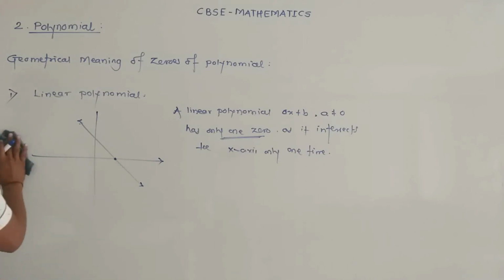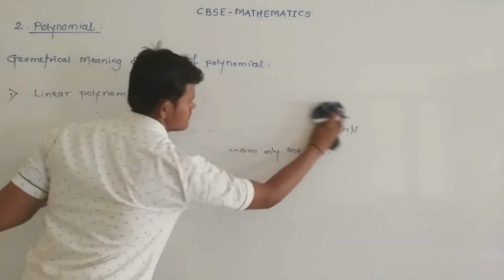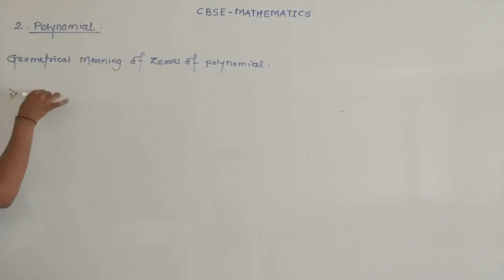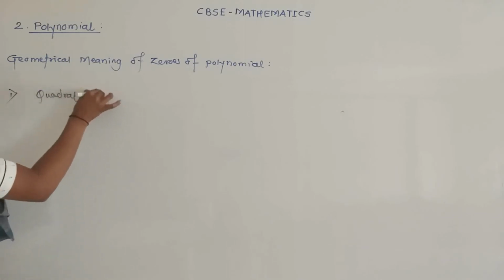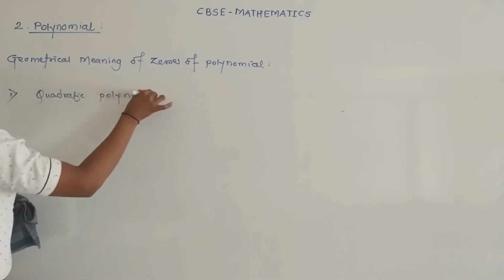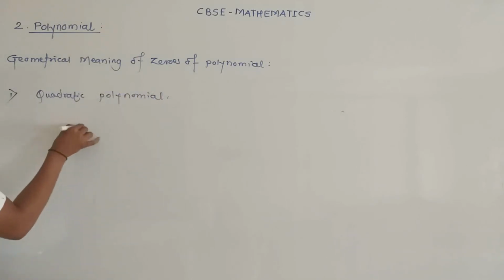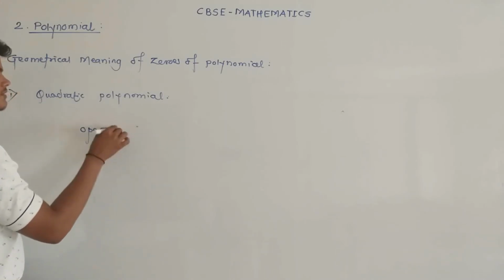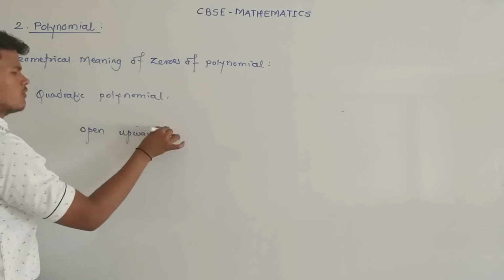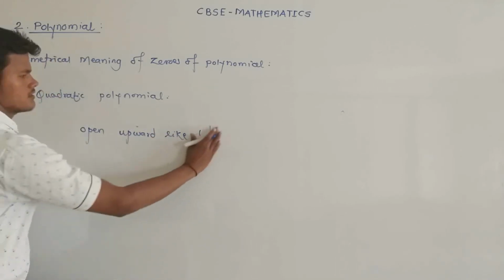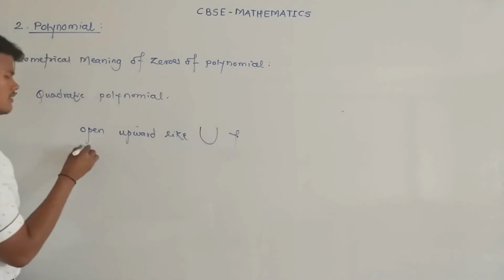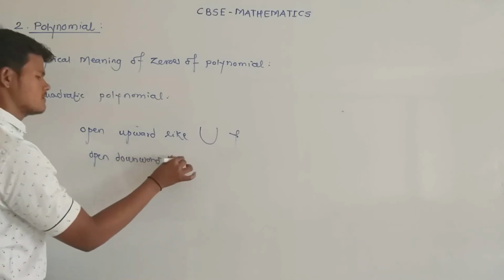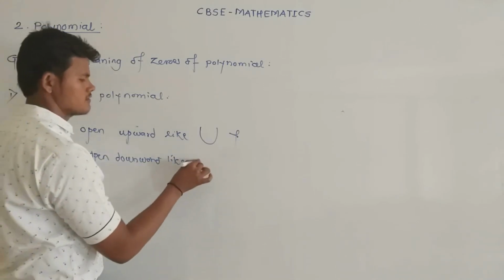Now, for a quadratic polynomial, the graph of a quadratic polynomial is like a U opening upward and opening downward.